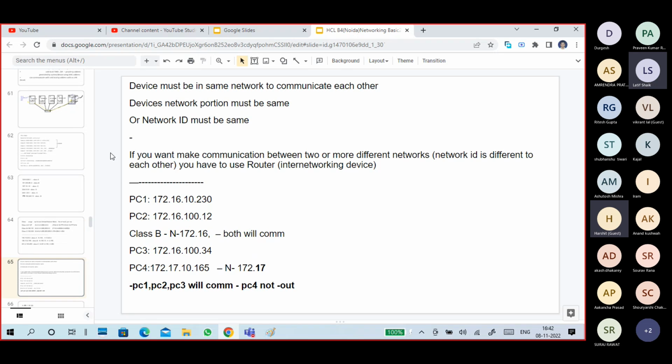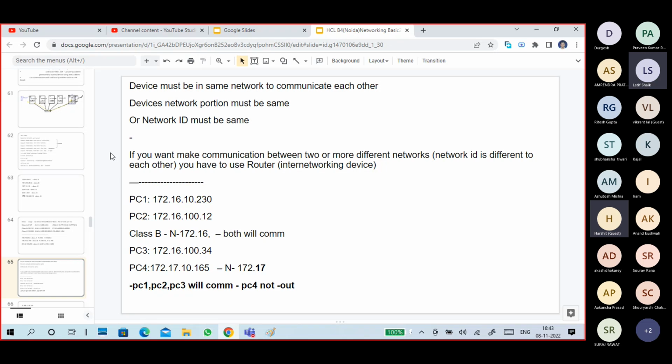Already I told you, guys, to communicate in the network, both devices' IP addresses must have the same network ID or the same network portion. There are two PCs, PC1, PC2, 172.16. Because it is a class B, 172.16 is the network portion.